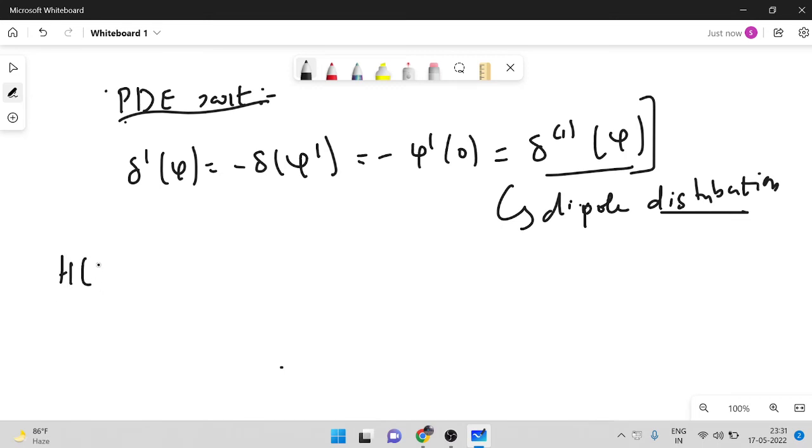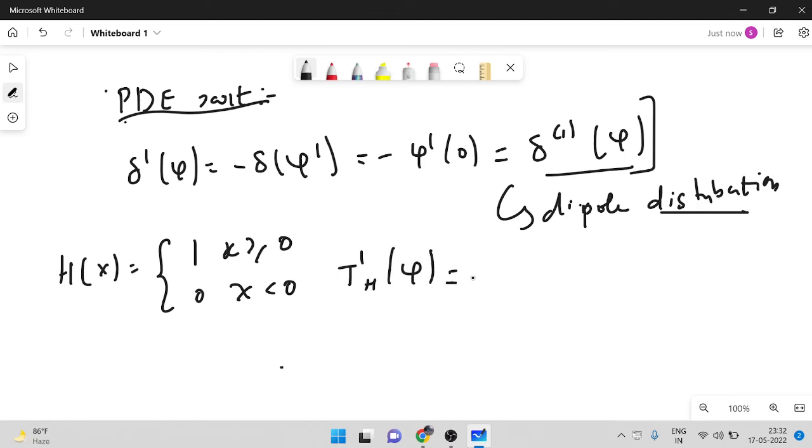Now let us go for the Heaviside function. H of x equals 1 for x greater than or equal to 0, and 0 for x less than 0. T_H dash of phi is basically equals minus T_H of phi dash, which equals minus the integral of H phi dash.